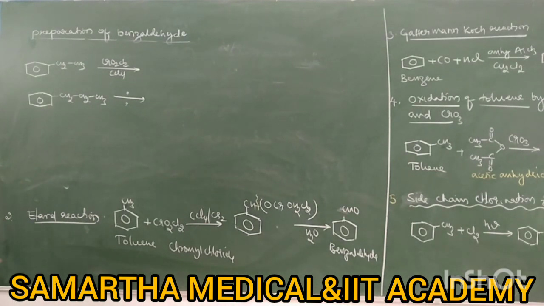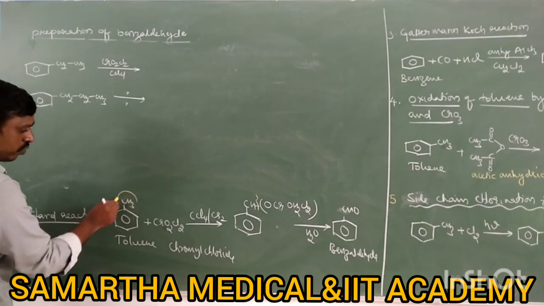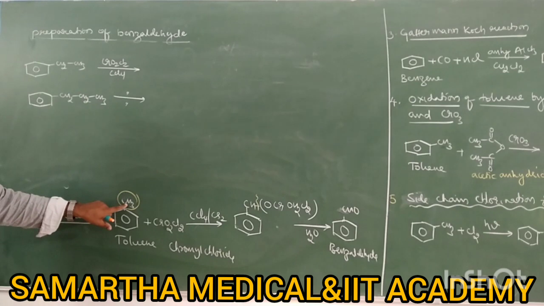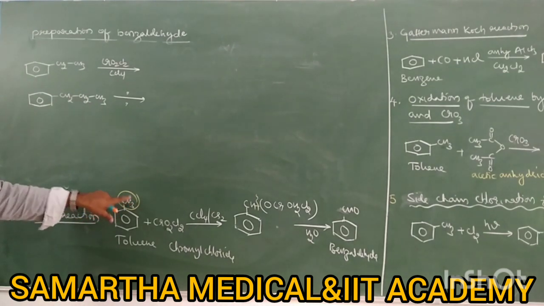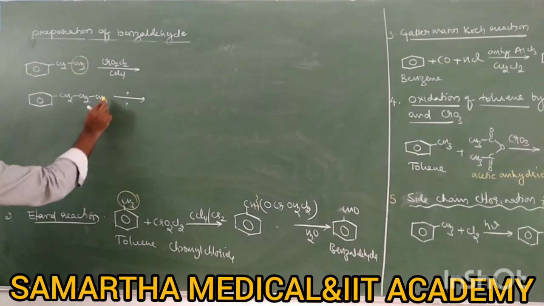Then what happens? In toluene there is only one carbon, so only this carbon gets converted into an aldehyde group. If more than one carbon is present, what happens in the Etard reaction? See, important: if there is more than one carbon present on the side chain, there is oxidation of only the last carbon.